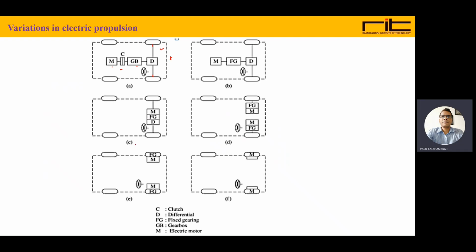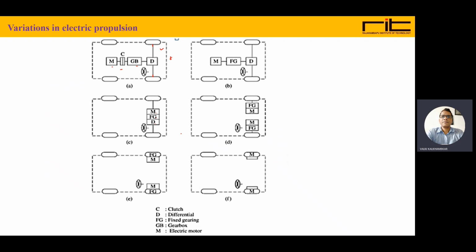In the third configuration, the system is made simpler still. Here you can see the motor, a fixed gearing mechanism on the axle, and the differential also. The transmission losses are reduced because it is arranged on the same axis instead of transmitting at 90 degrees.